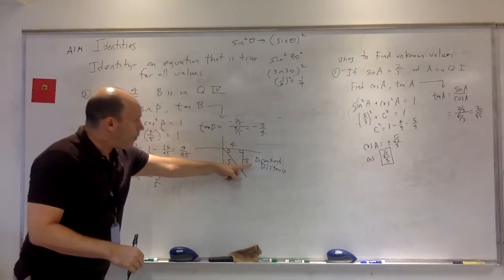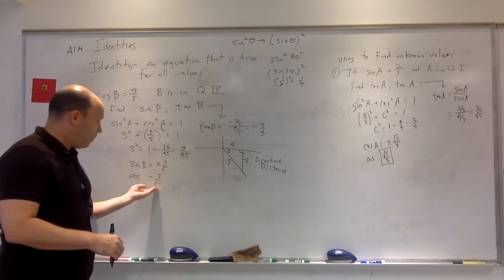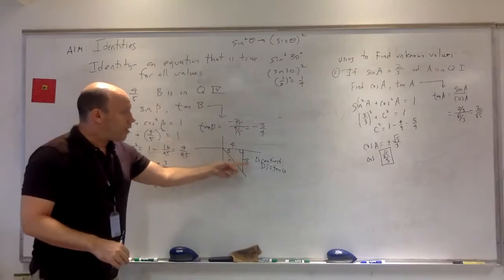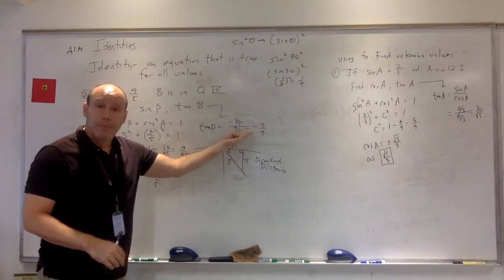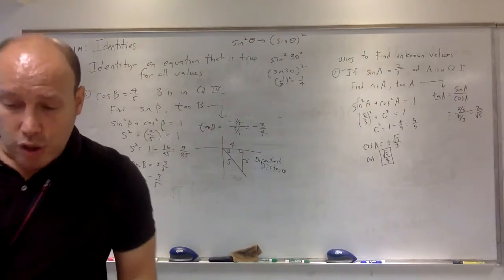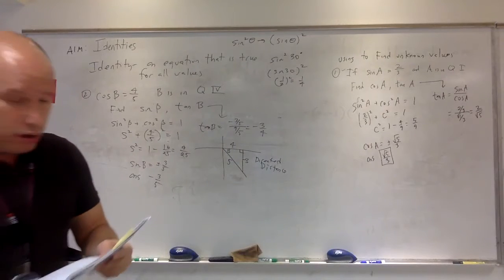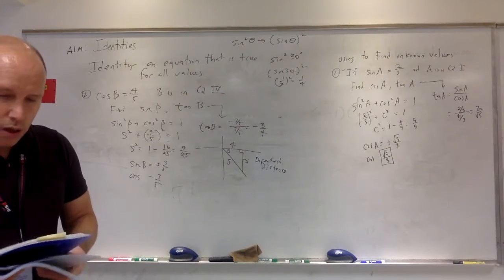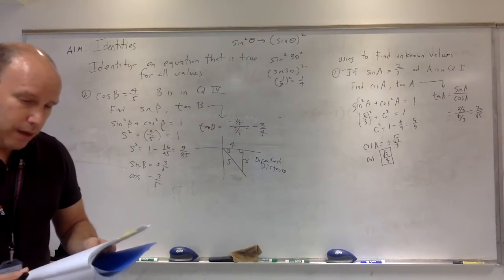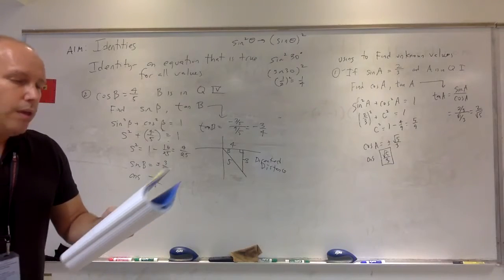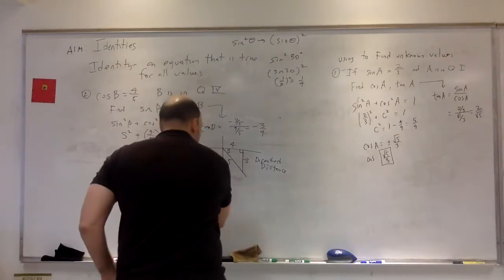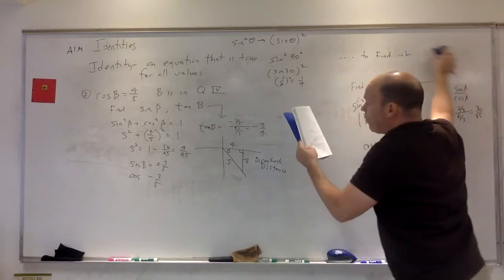Question number 3. We have the sine of C is equal to negative 5 over 13, and C is in quadrant 3. So the question is, find cosine of C and tangent of C.